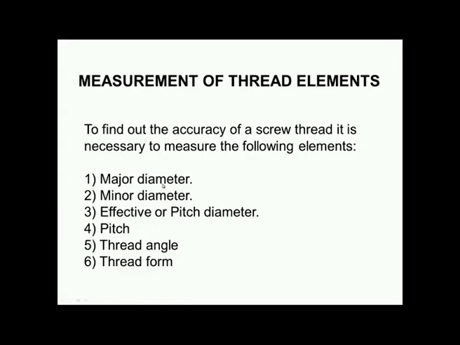Thereby we can say whether the thread produced is as per the specification or not. Normally these are the elements measured to check whether the screw thread is okay or not: the measurement of major diameter, measurement of minor diameter, measurement of pitch diameter or effective diameter, pitch measurement, thread angle measurement, and thread form is also measured.